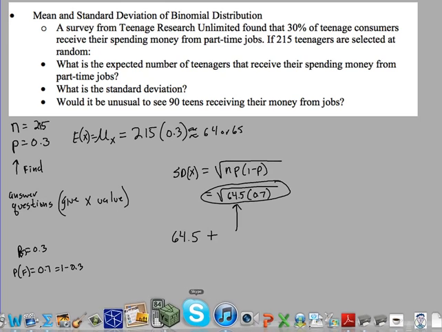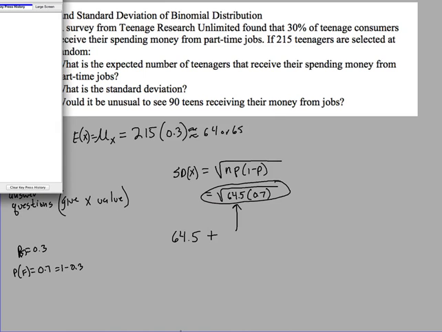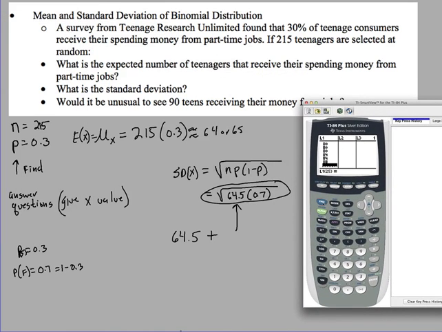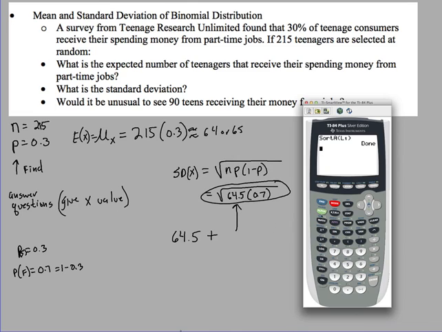Let's pull my calculator in. So I want to take the root of 64.5 times 0.7 and enter.